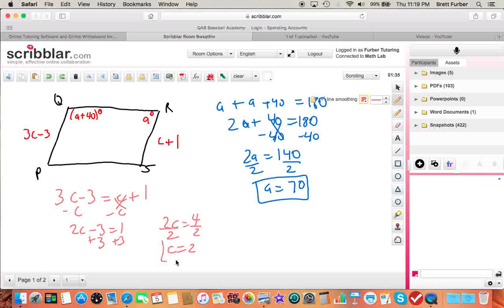And I get that c equals 2. So these are the values of a and c that have to be exactly these numbers in order to make this work out such that these two are supplementary and those two are congruent to each other. And by doing that, I will prove that they are a parallelogram. Okay?